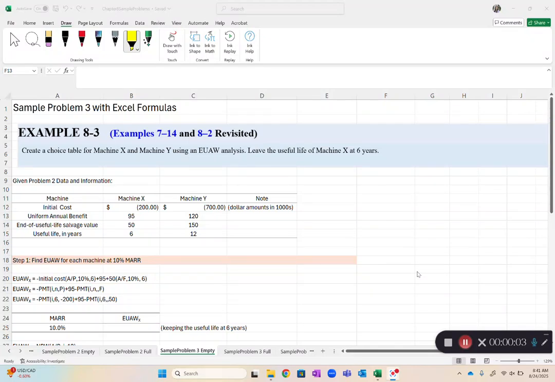We are going to continue with examples, just getting a little more complex. In this example, we're going to revisit the one that we just did all together. The difference is that this time we are not going to force the useful lives to be the same. We are going to leave the useful life of machine X at 6 and machine Y at 12.